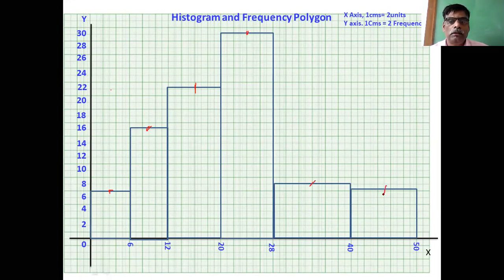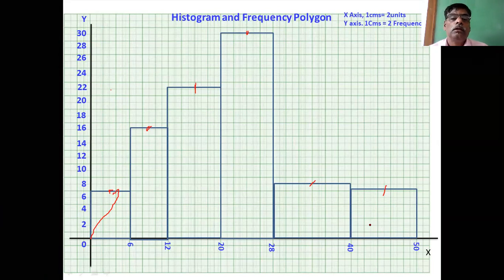Like this you mark the centers. Then you draw a freehand curve like this, starting from 0.